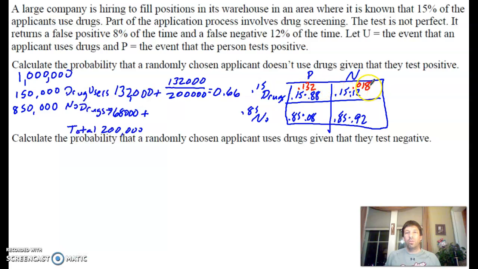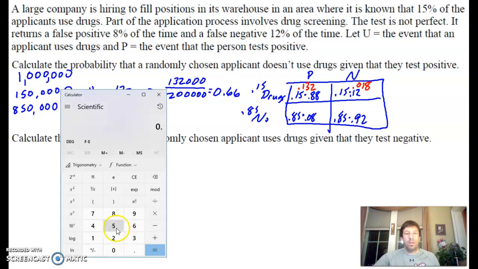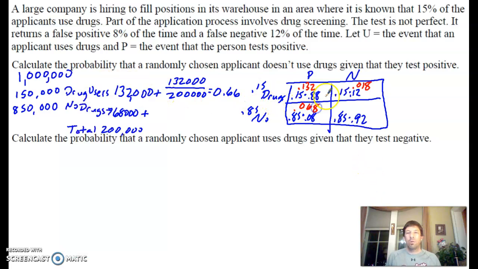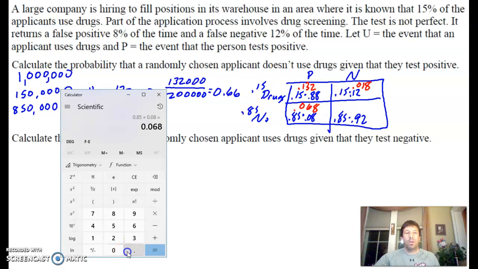And you'll notice that those two numbers add up to 0.15 because that's the percent of people using drugs. Down here, 0.85 times 0.08. 0.85 times 0.08 is 0.068. And 0.85 times 0.92 is 0.782.